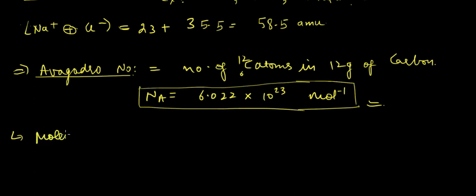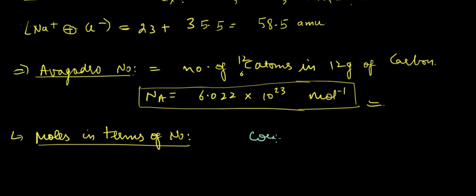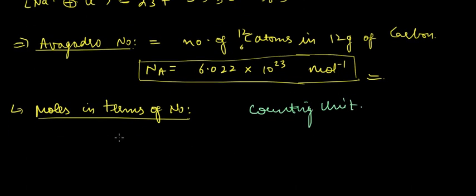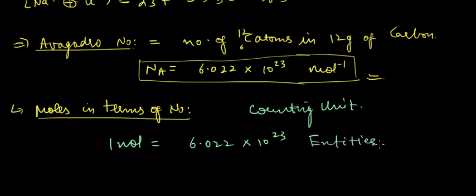Okay, so let's define moles in terms of number. So we have that it's a counting unit used by chemists and scientists. Okay, so it's just a counting unit. As a matter of fact, 1 mole equals 6.022 × 10^23 entities.